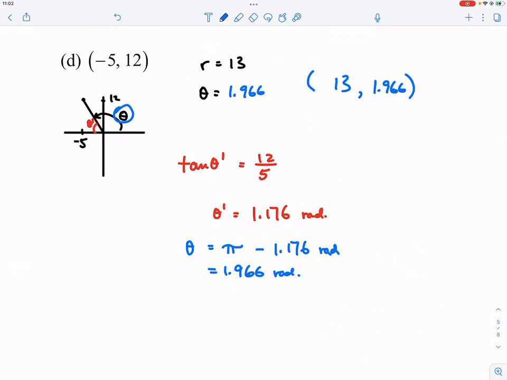Now, doing the same thing, what if you have negative 13? Well, if you have negative 13, then this is your theta prime, right? So you do 2 pi minus 1.176.